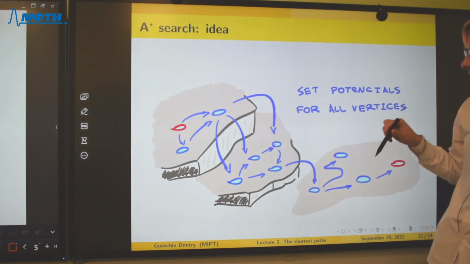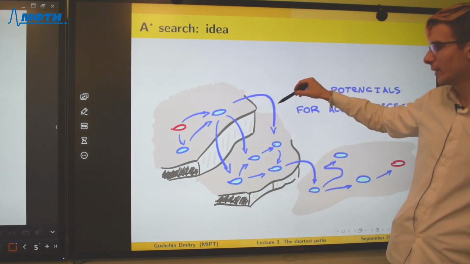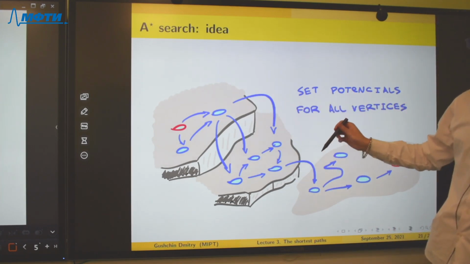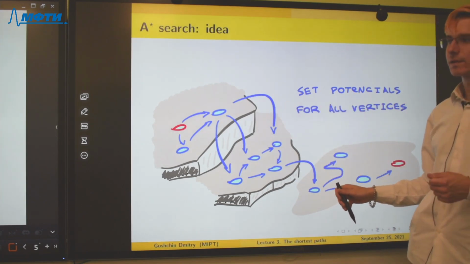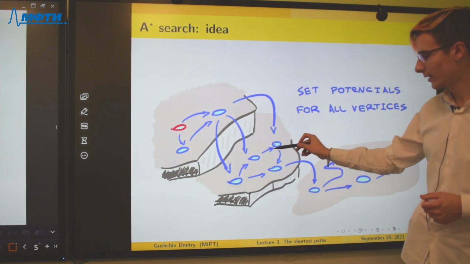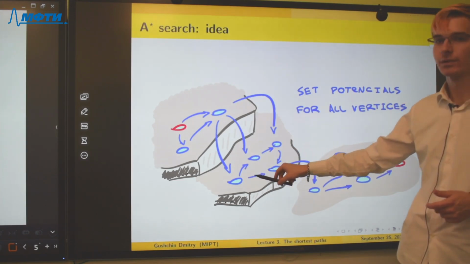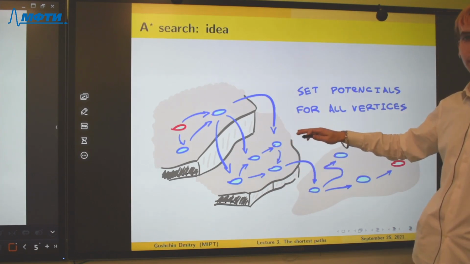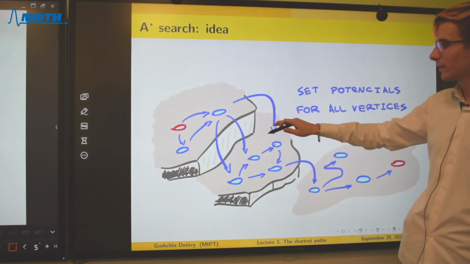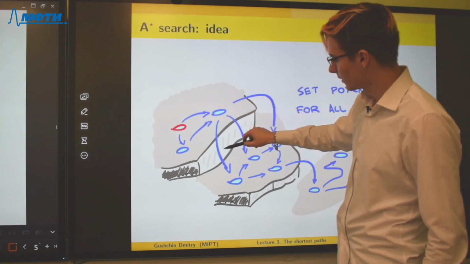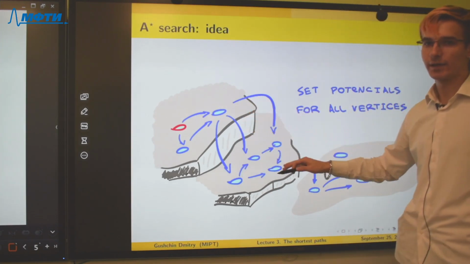For example, we can set weights of these edges equal to distances, but we need to understand that there are edges that connect vertices on the same height, and there are edges that connect vertices on other heights.